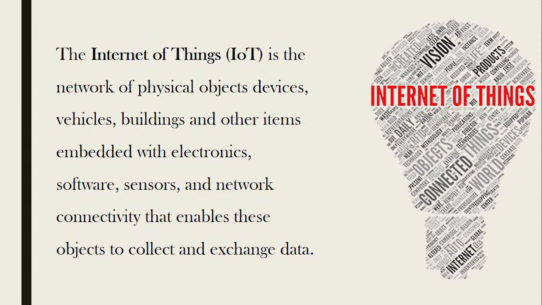So it is a collection of physical objects. Objects can be anything. It can be a vehicle, a building, or an appliance at your home, or your laptop itself, your PC. But if you take a thing like a vehicle, for example, a car itself cannot connect to internet because it is a mechanical machine. It doesn't have any capability to connect to internet.